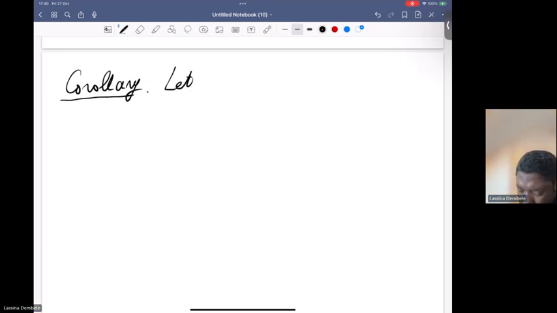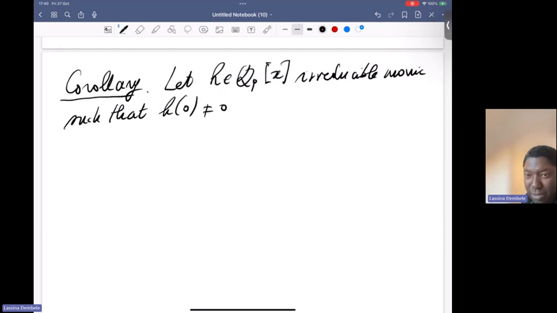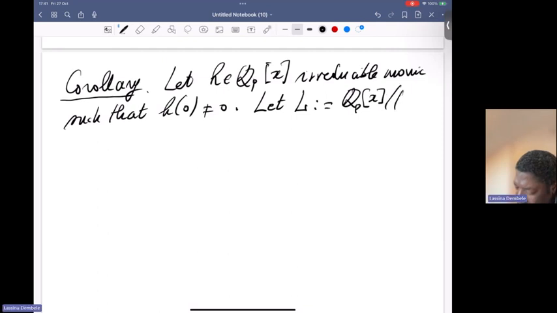So if we let H be irreducible, I guess monic, such that it has non-zero constant term, and then you let L be this field, the field generated by H, and let D prime, so basically the same notation as above.